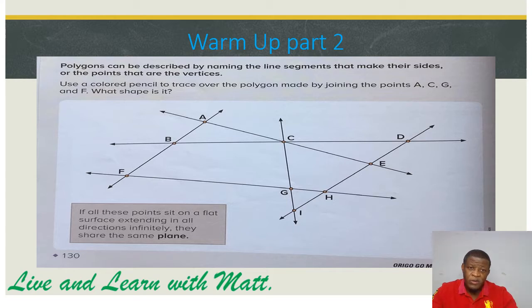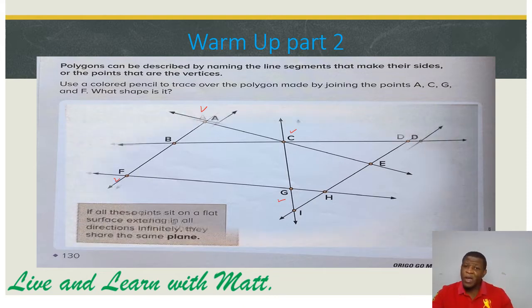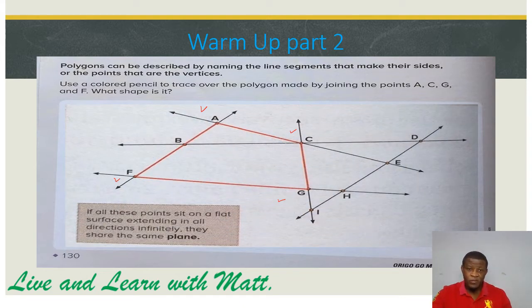Use a colored pencil to trace over the polygon made by joining the points A, C, G, and F. So the point A right here, C, G, and F. So we're going to have something like this. And this we call a polygon.